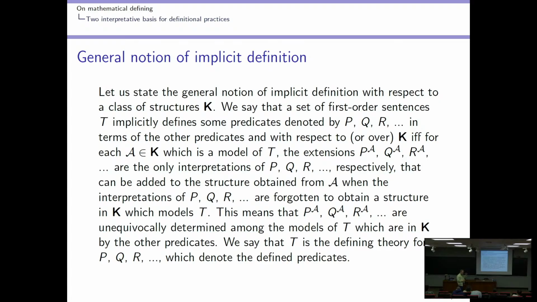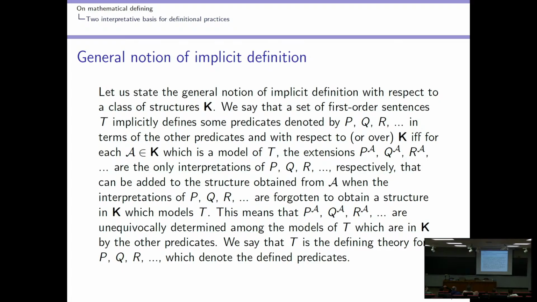So that's it. It is a way of saying that these extensions P^A, Q^A, R^A are the only ones that we can have in A that are compatible with T. So that is what this is saying.